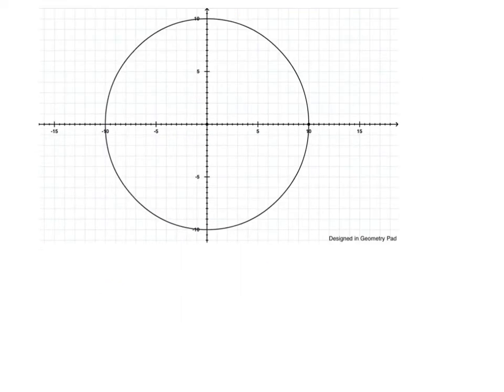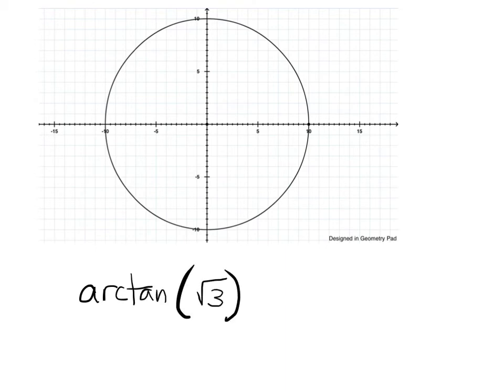We got a little sidetracked with the whole, don't relegate tangent to being subservient to cosine, and the fact that sine, tangent, and secant are the founders of the law firm of trigonometry. But the whole point of this was to figure out arctangent of root 3.